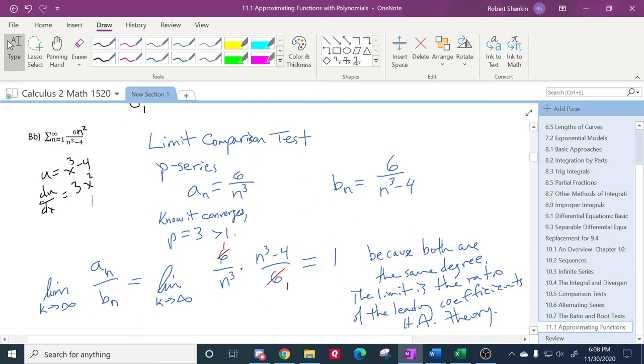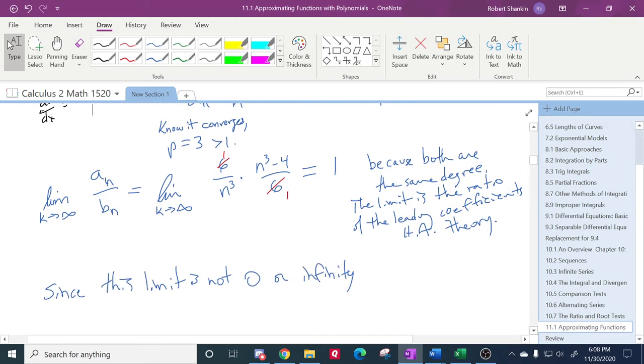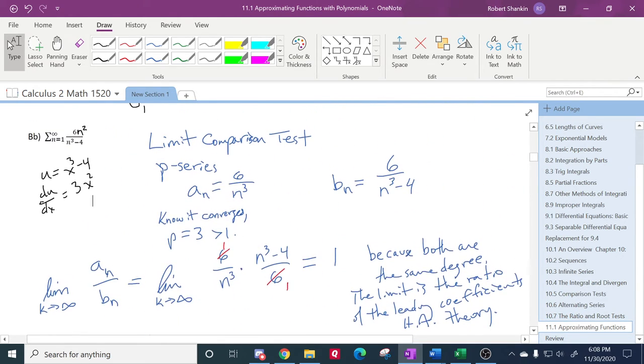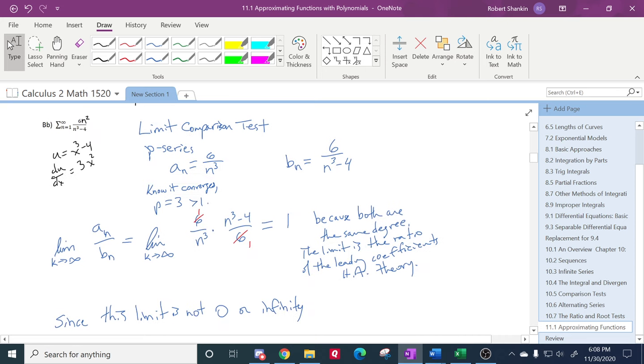One more question. If in the denominator it's 6n squared, so can we still use the limit comparison test?